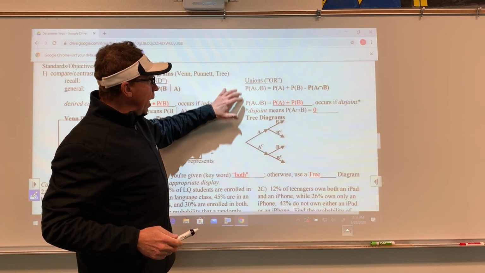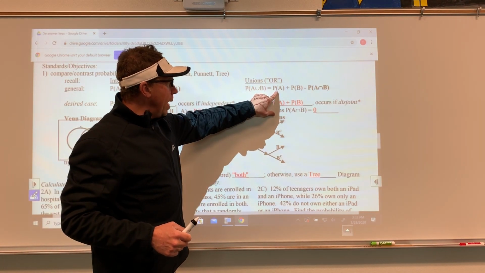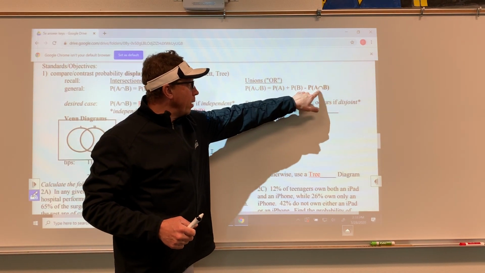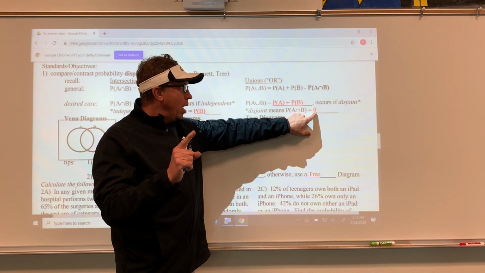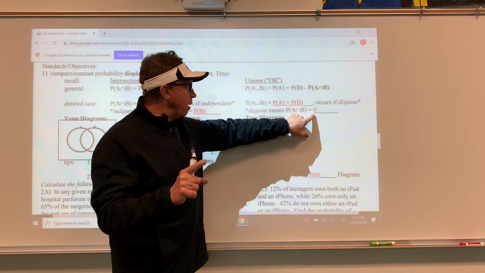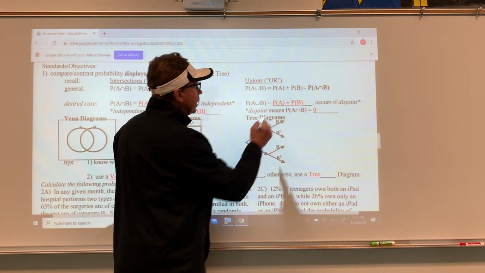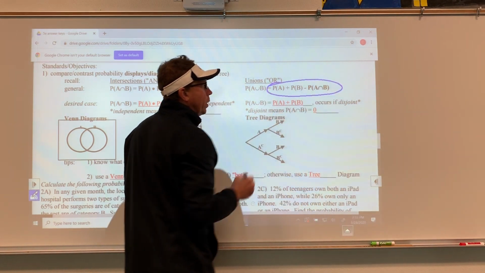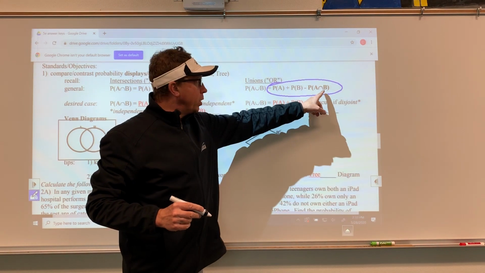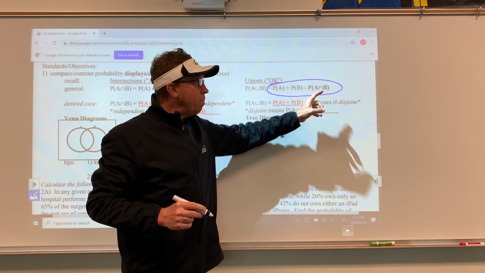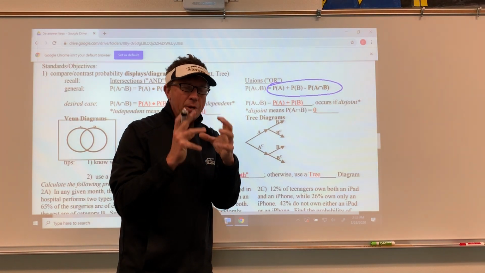Now, the formula for adding things up will be probability of A plus B minus their intersection. You see that? If their intersection is 0 and they are mutually exclusive, then it's just probability of A plus B. So this formula is absolutely crucial to remember. The intersection can be 0, it could be their product, or it could be a given number.